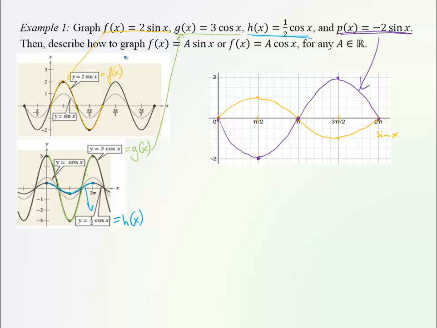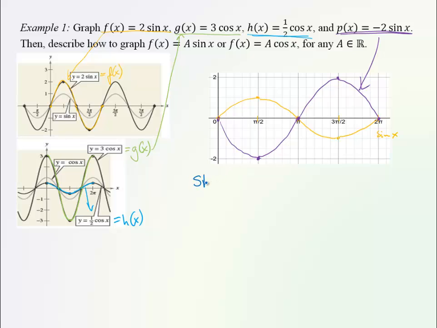Okay, so how can we describe what to do with the basic graphs of sine and cosine to obtain the new functions a times sine or a times cosine for any real number a? Well, what we really have done is stretching by the factor of 2 along the y-axis.